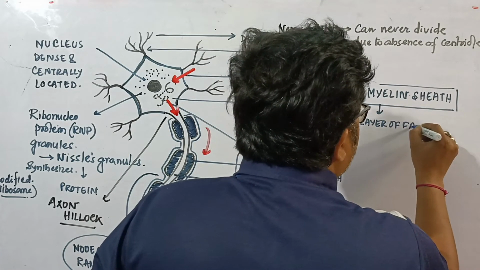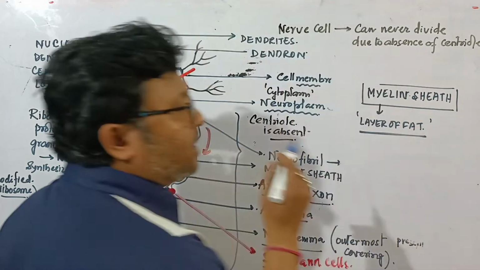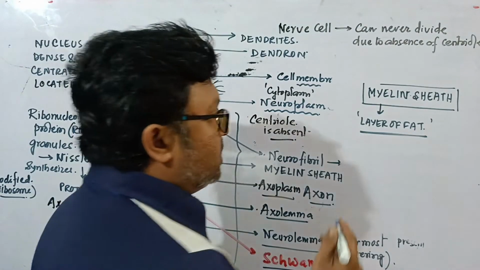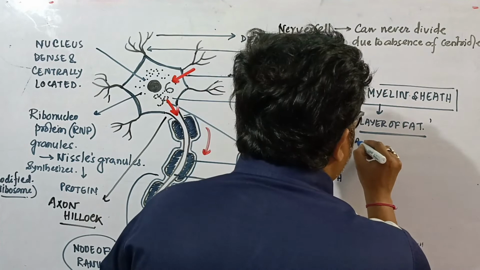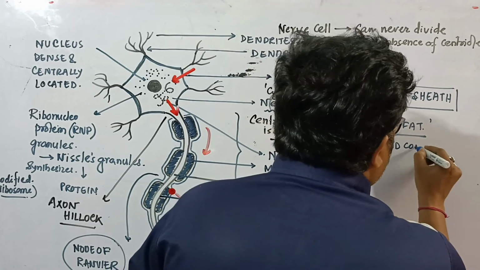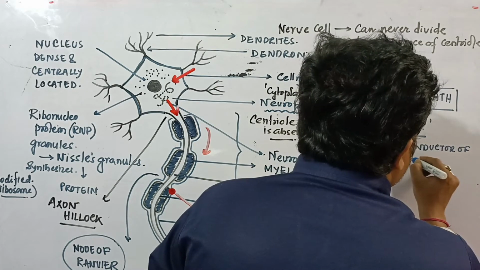Now, fat is a bad conductor of electricity, isn't it? Fat is basically a bad conductor of electricity, isn't it?